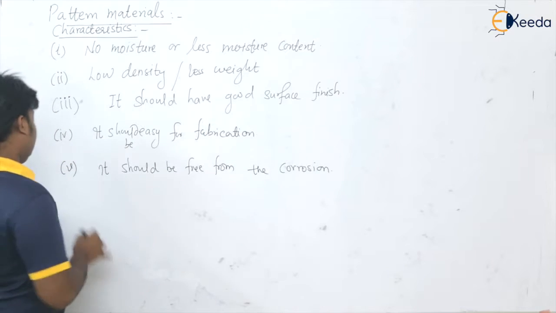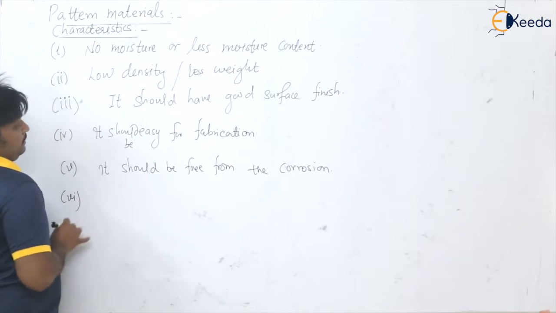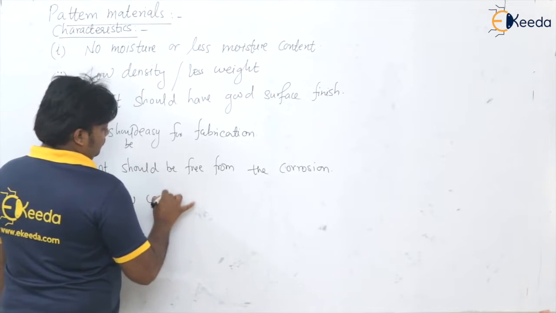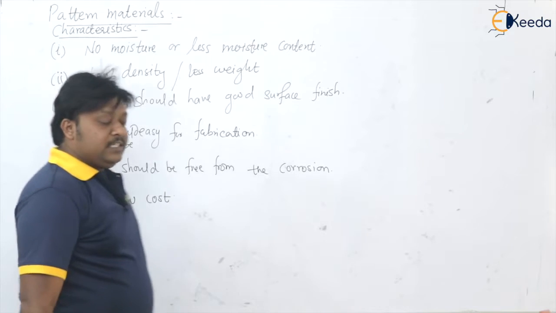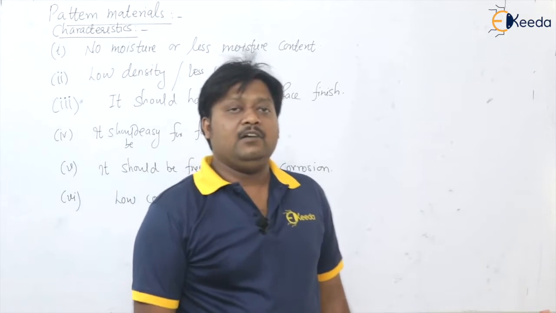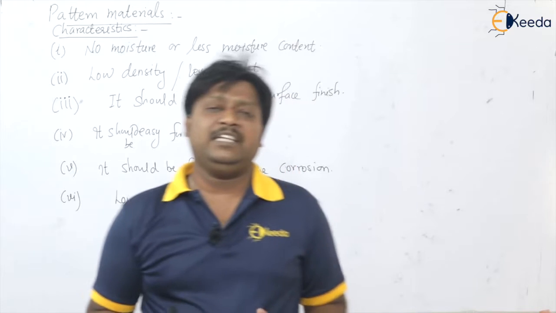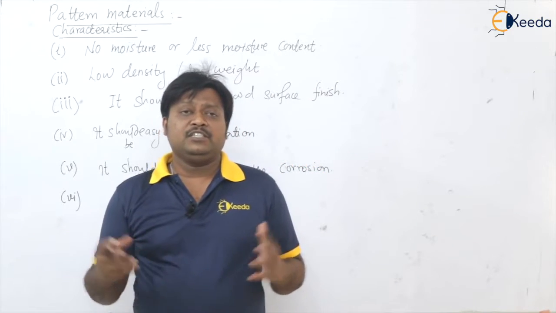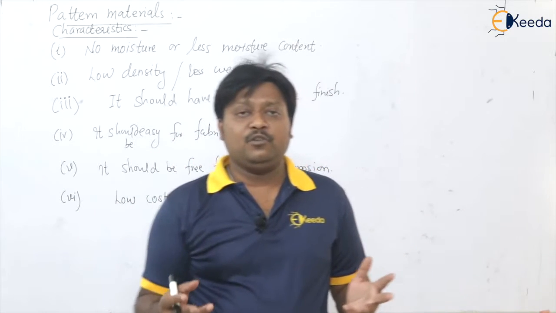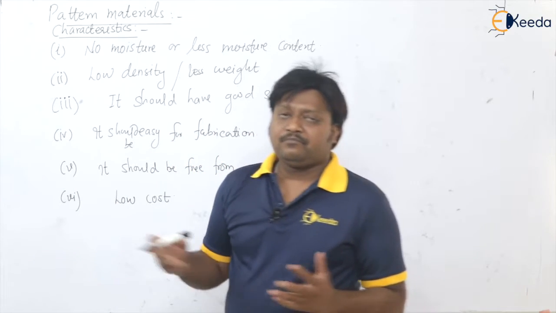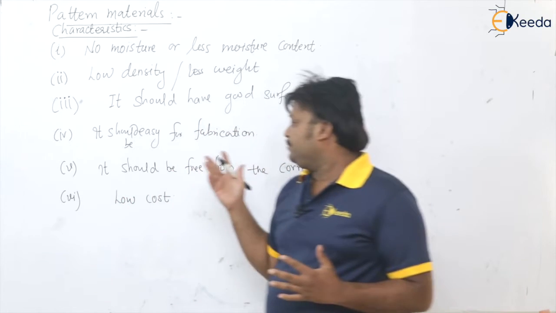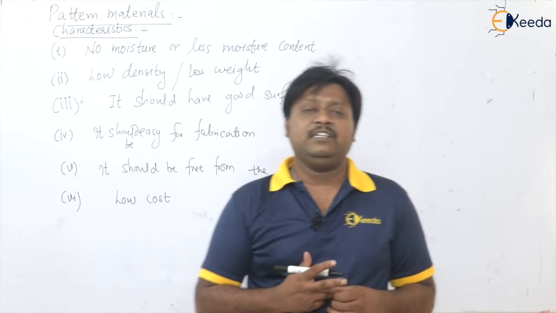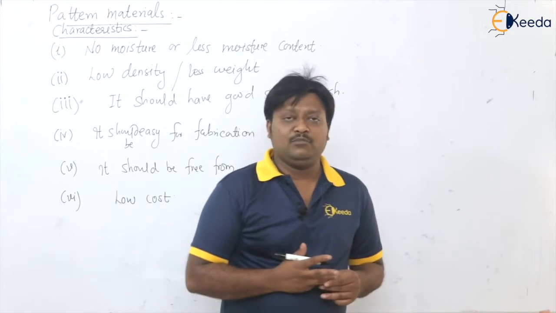And you can add one more if you want, that is, it should be of low cost. So these are the 5-6 characteristics we are always looking for in a pattern material: no moisture, lightweight, very good surface finish, easy fabrication, free from corrosion, and inexpensive. These are the characteristics that we are always looking for in pattern materials.